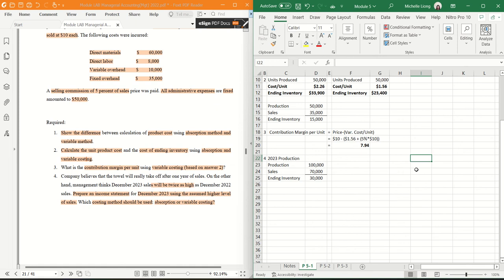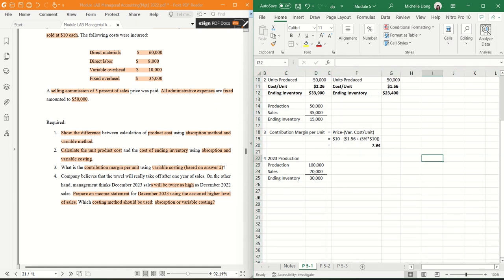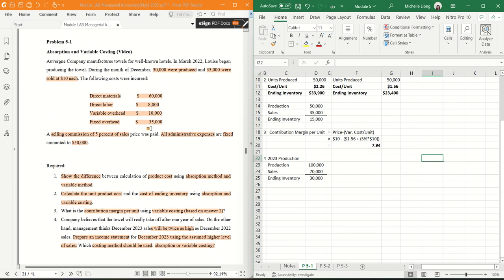Okay, the first one is, so this is number 4. We just need to write the name of the company first, which is Auburn Company income statement for the year ended December 2023.